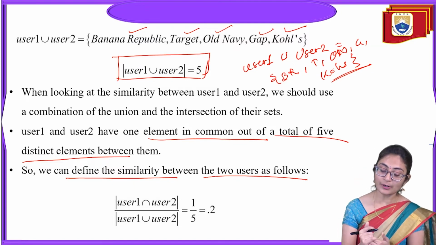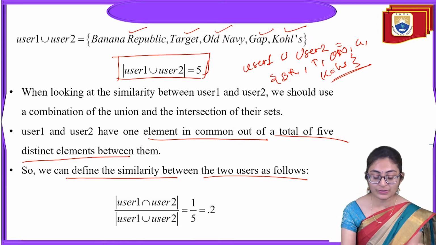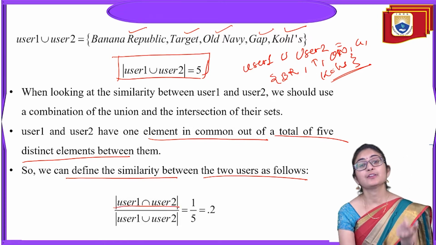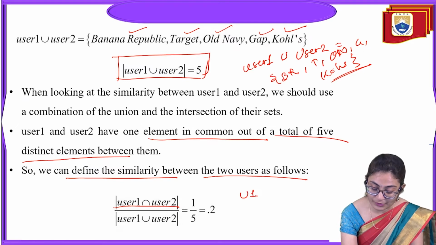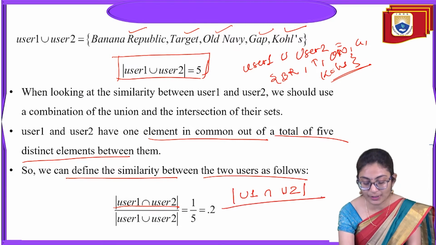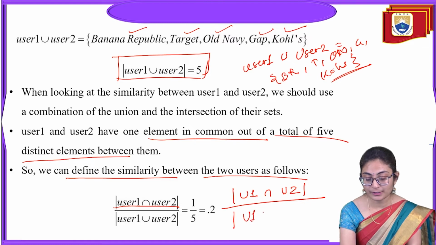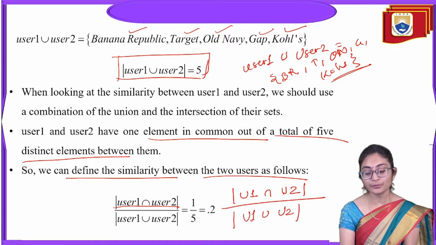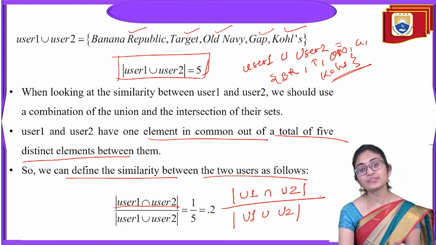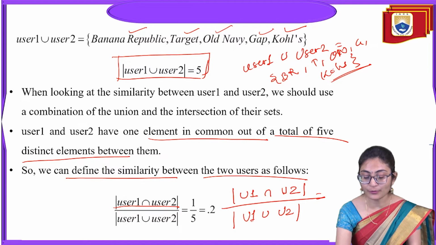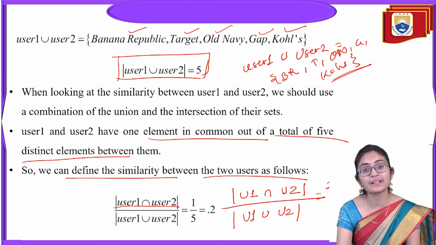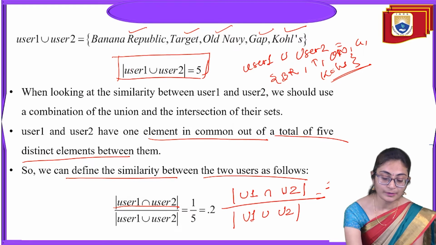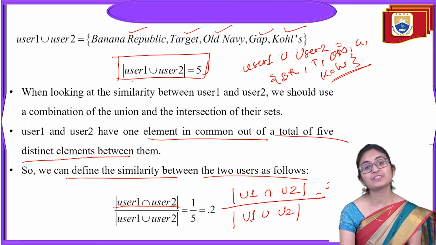For this purpose, we have to use the magnitude of user 1 intersection user 2 divided by the magnitude of user 1 union user 2.